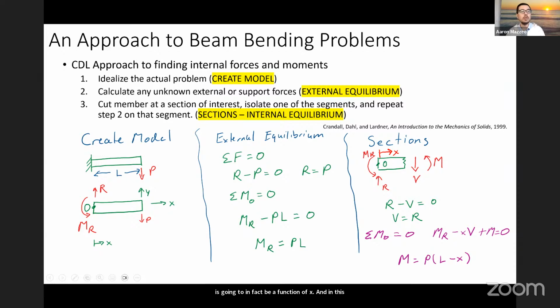When X is equal to 0, it starts as PL, and when X goes all the way to L at this side, it's going to be equal to 0.